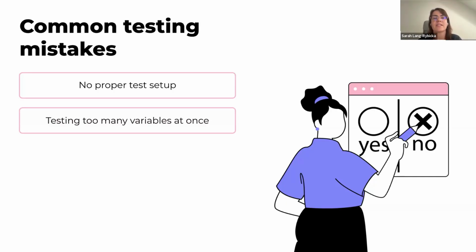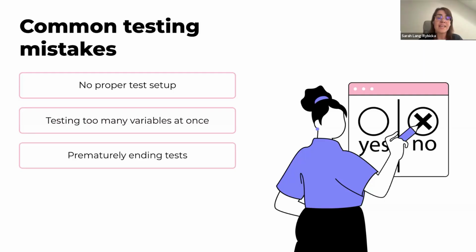So keep it simple, test one change at a time for clear insights. And then stopping the test too early. Again, this is us being impatient, but short tests often lead to misleading conclusions because, for example, you see a 1 day spike, but it doesn't really mean that the new version is a winner. So allow the test to run long enough to gather reliable data.